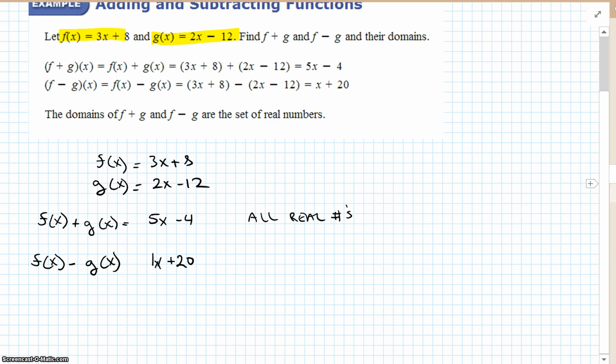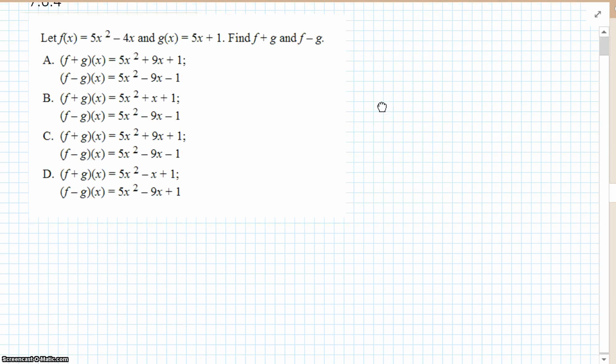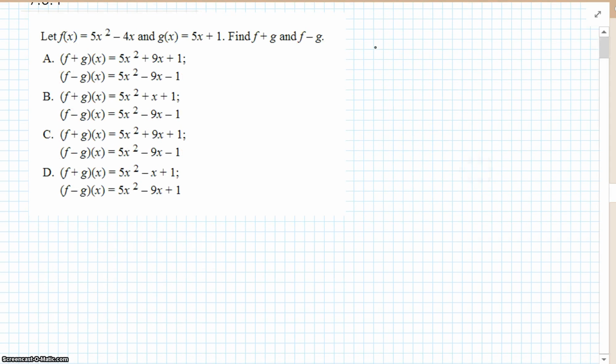Okay? Moving on. Next example, let f of x be 5x squared minus 4x. The g of x is, I'm going to match them up by terms, 5x plus 1. Find f plus g and f minus g.